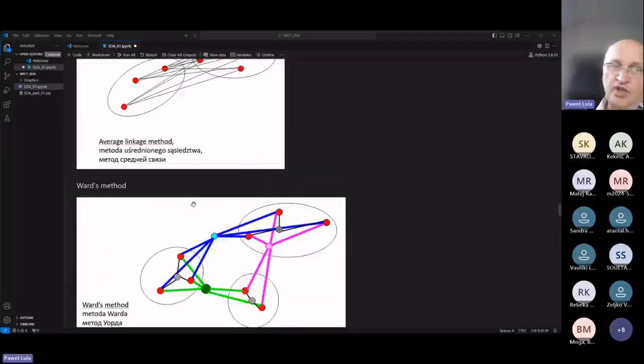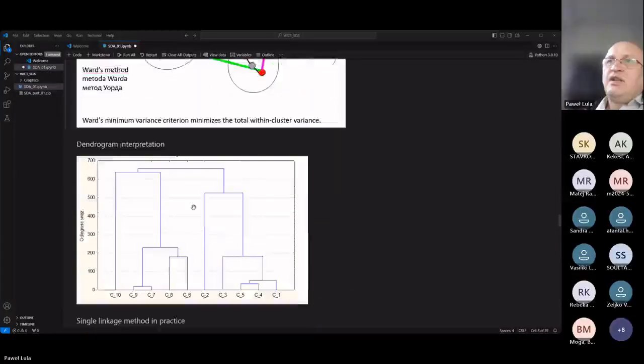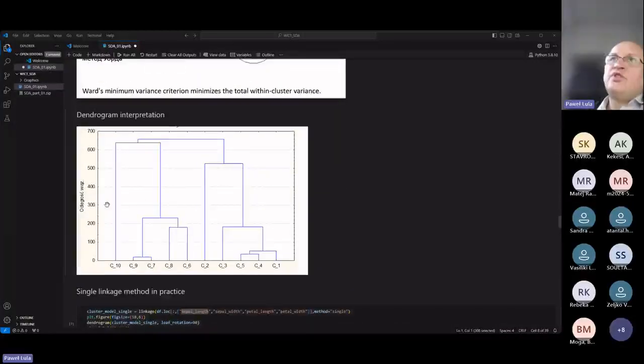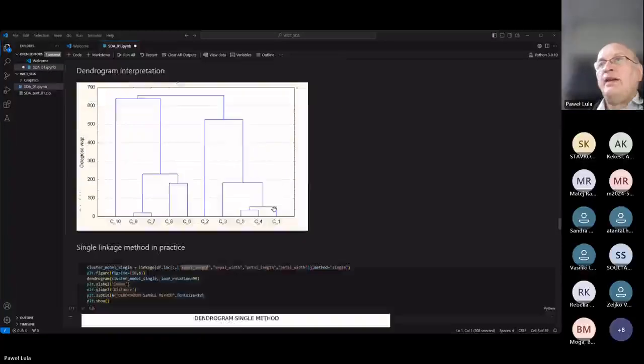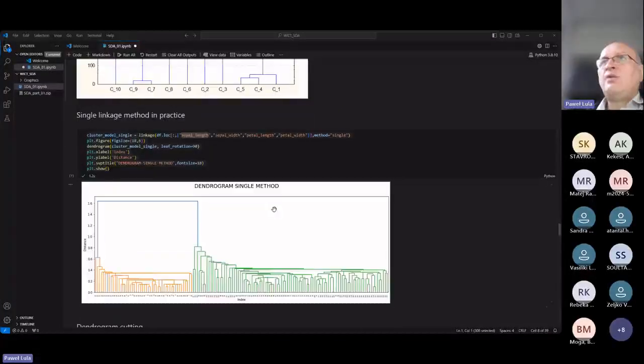All these methods which I presented here can be used for producing dendrograms. And we know that finally we will make a decision about the level on which we should cut this dendrogram. Okay, now I think that we can move to our practical part.